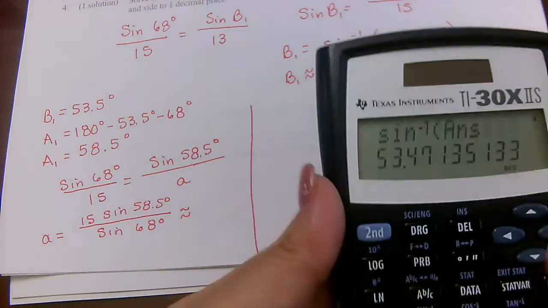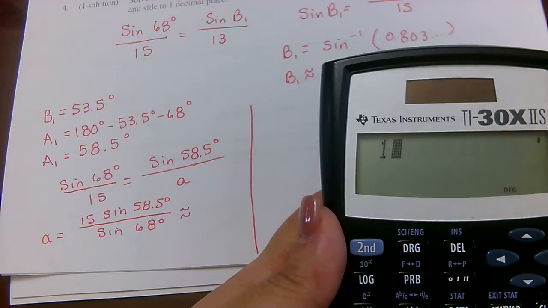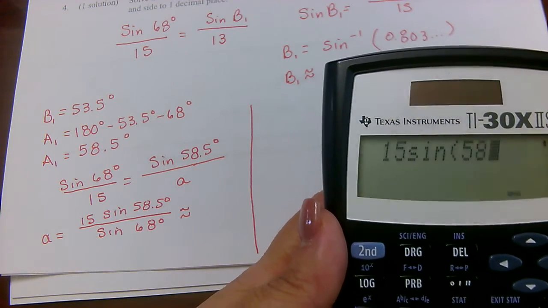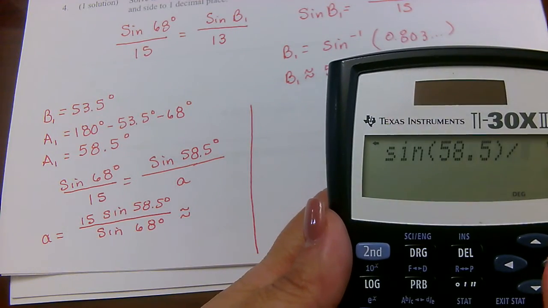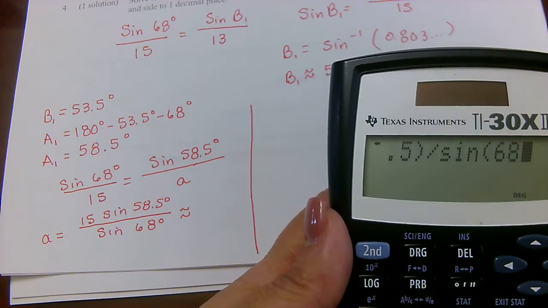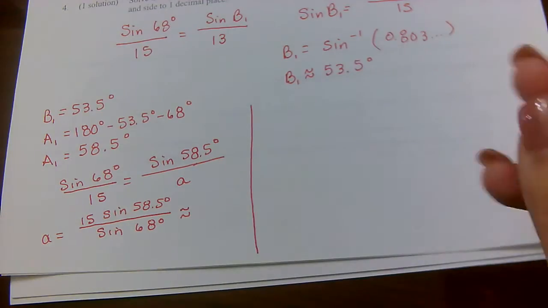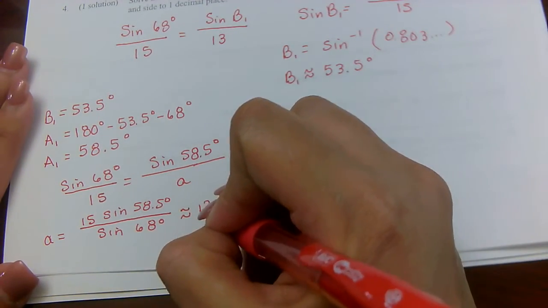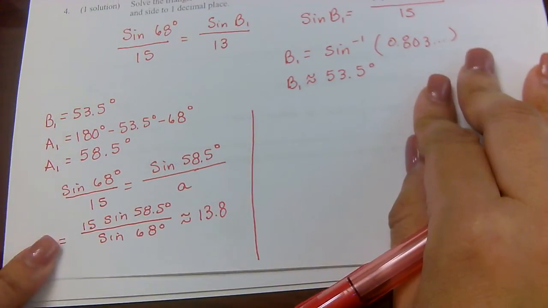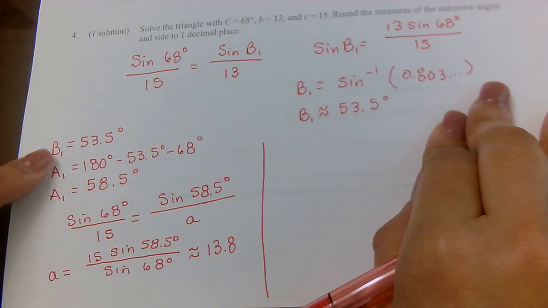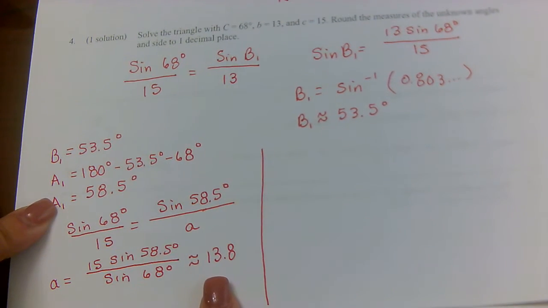Okay, and then I'm going to plug that into the calculator. 15 sine 58.5 divided by sine of 68. I get 13.8. Okay, so now I have angle B, A, and little a.